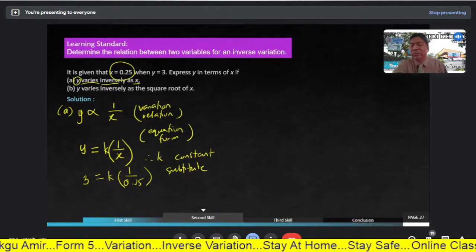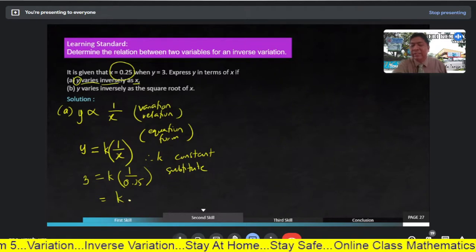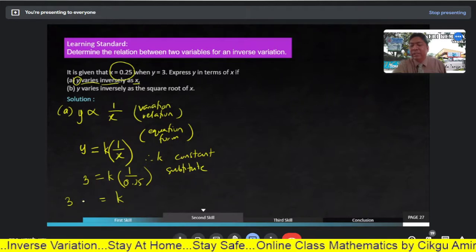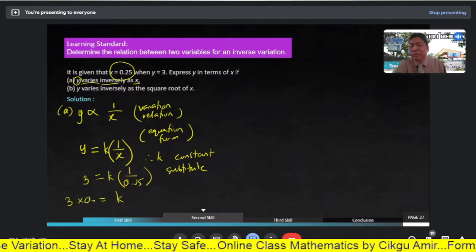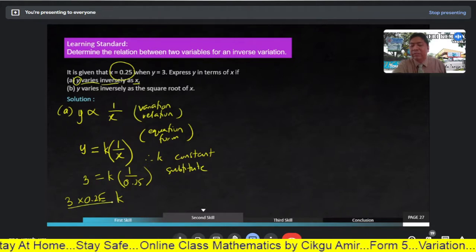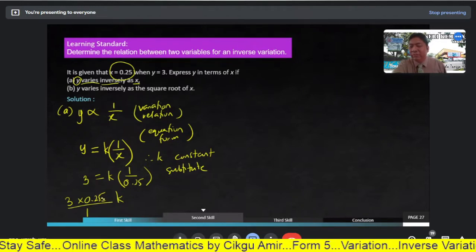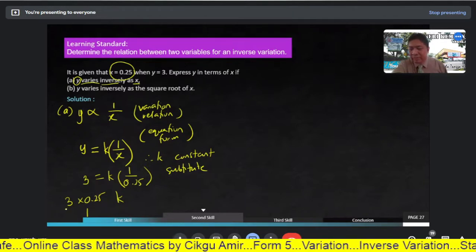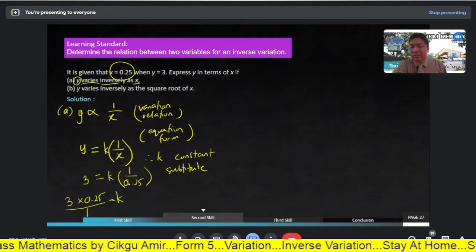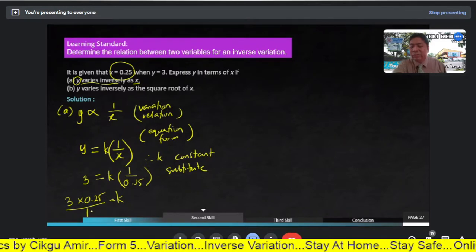You move it to the left, so then only k is left on the right side, and there will be 3 multiplied by 0.25, divided by 1. With 0.25 going up and 1 going down.